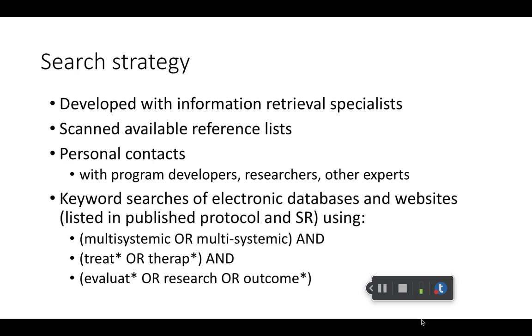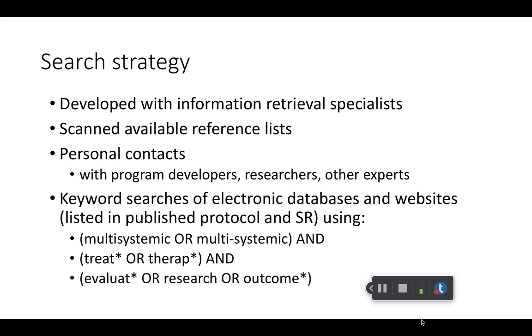So we developed a search strategy to find all of the relevant MST studies. We did this in consultation with information retrieval specialists, librarians. We scanned available reference lists, made personal contacts with program developers, researchers, and other experts to be sure to get all studies, not just published studies.